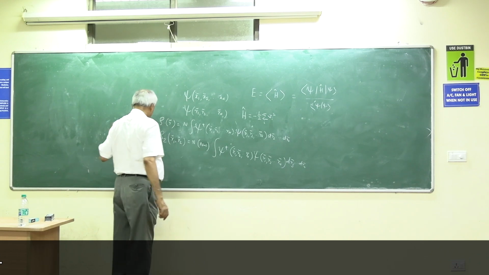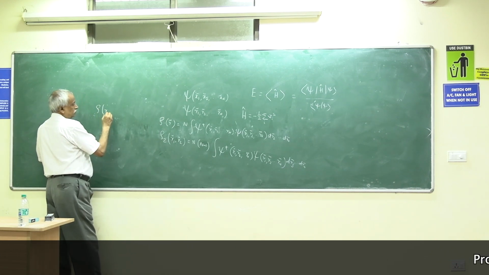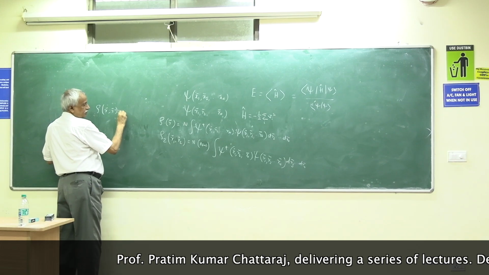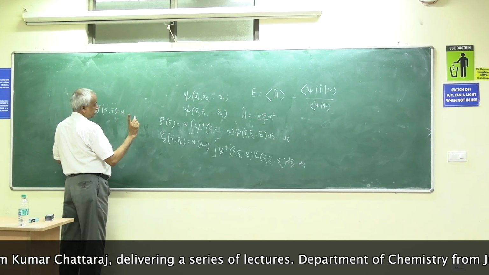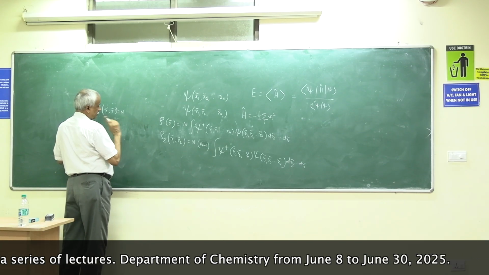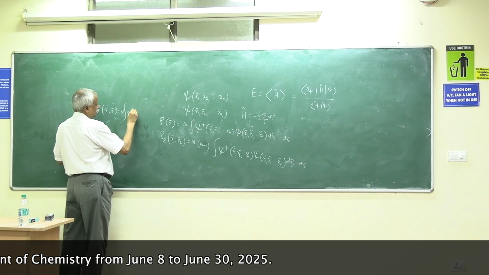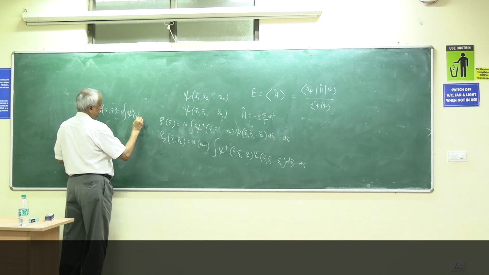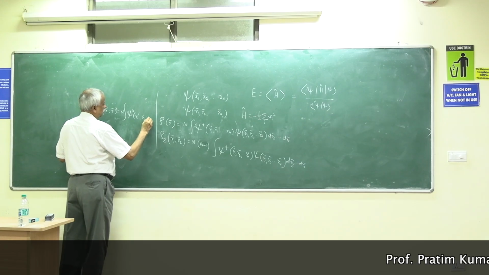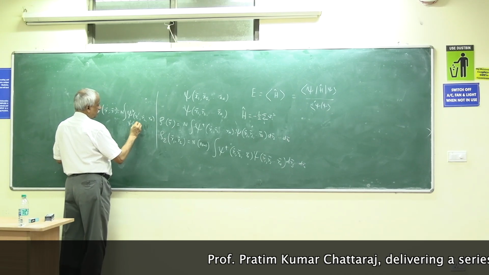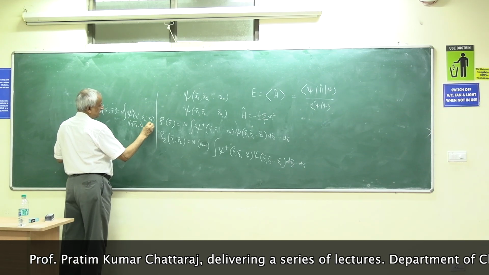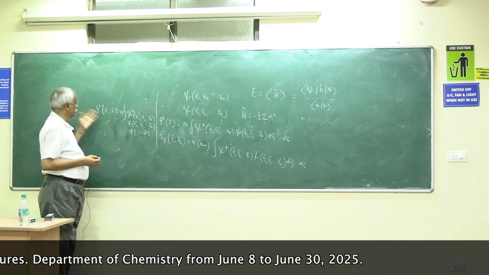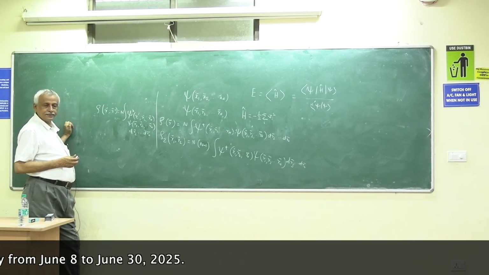Okay, and another thing I have to do: rho of r prime is n integral psi star of R1 prime, R2 up to Rn, psi of R1, R2 up to Rn, and dr2 to drn. Okay, this is your single particle density matrix.